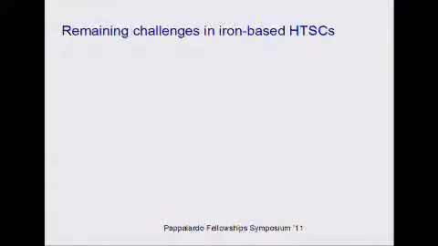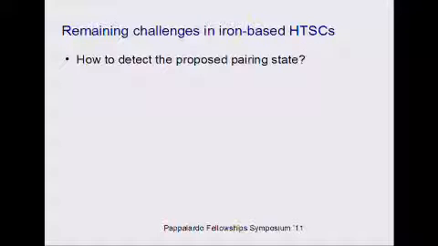So you may think we have solved the problems of iron-based material. Not quite. There are still many experimental challenges. We have our theory, and actually many other theoretical groups found this particular pattern of pairing. How can we detect that? This turns out to be quite non-trivial.